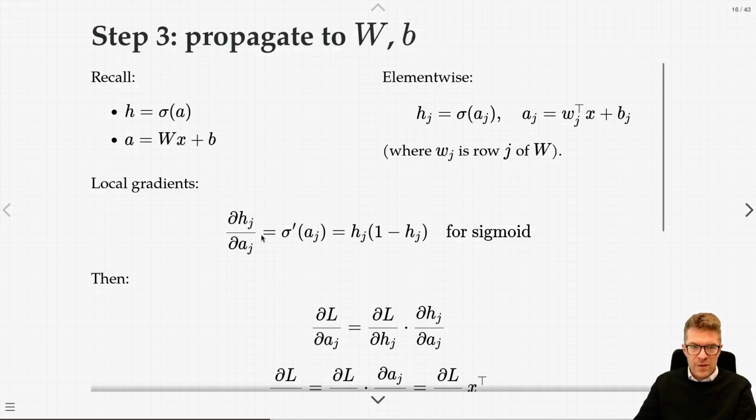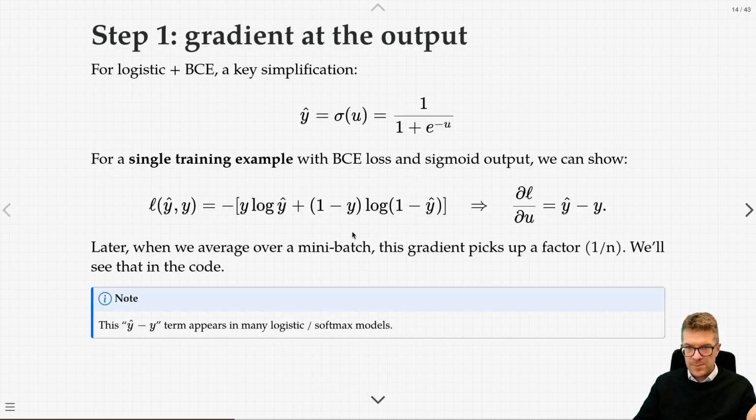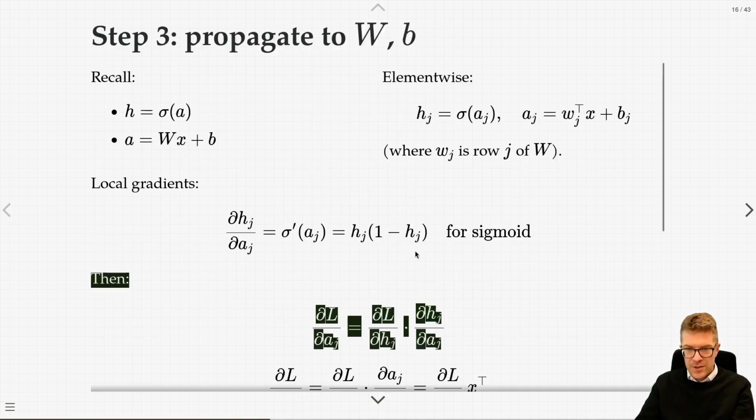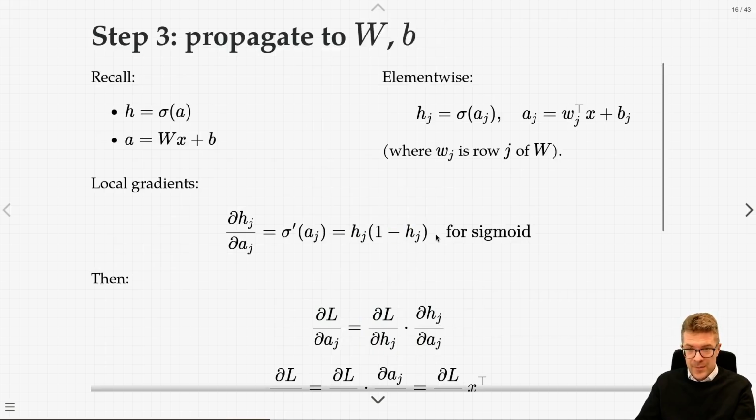So the derivative of h sub j with regards to a sub j is the derivative of sigma given a sub j. The derivative of sigma is often simplified as sigma prime over here. This is what I mentioned a moment ago, the derivative of the sigmoid function. This function has a simple form which you might end up just memorizing like I did, like many of us do. It's easy to look up.